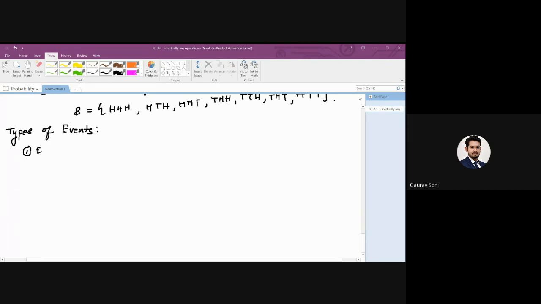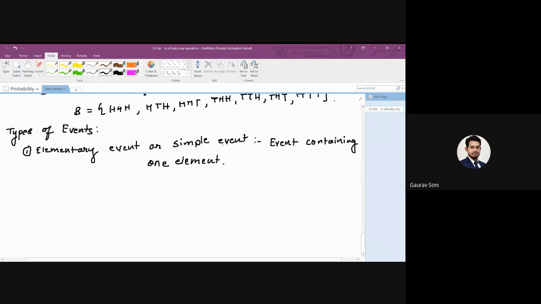Elementary event, or simple event: the event containing only one element. Such events are called elementary events or simple events.